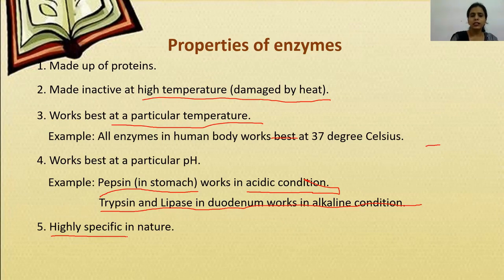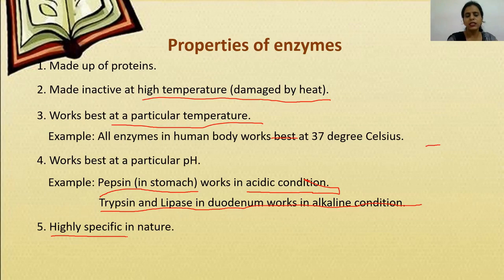This catalase enzyme has an active site, and the shape of the active site of catalase is complementary to the shape of the hydrogen peroxide molecule. No other reactant molecule, no XYZ substrate molecule, can just come and fit into the active site of catalase. That's not possible.